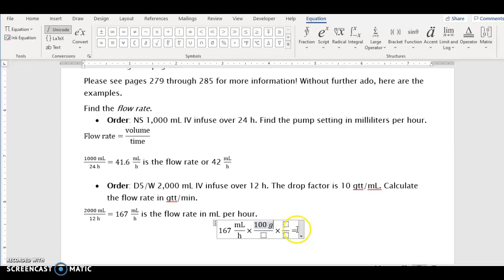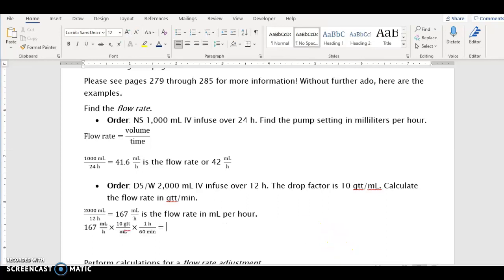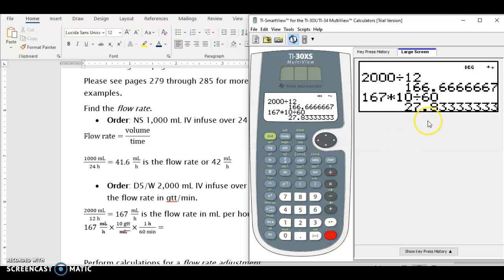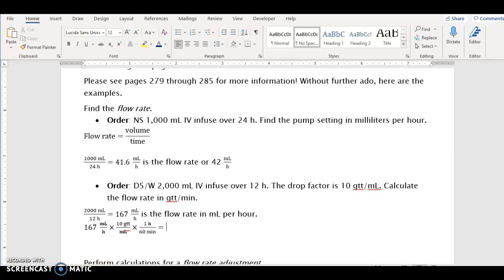We multiply by the drop factor, which is 10 drops per milliliter, and then multiply by 1 hour over 60 minutes. So we have 167 times 10, and then divide by 60. We're going to round that to the nearest whole number. So 27.8, that's approximately 28 drops per minute. So 28 drops per minute is the given flow rate.